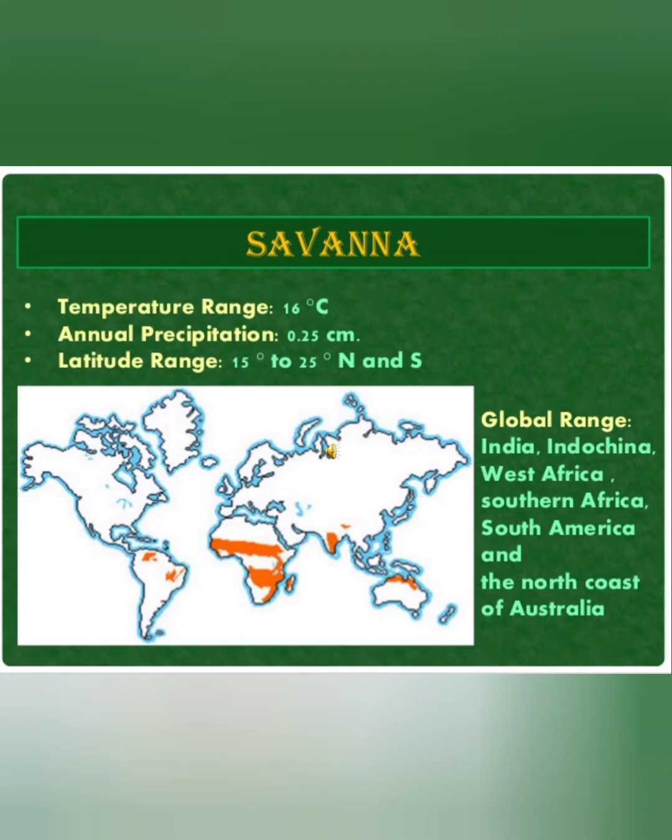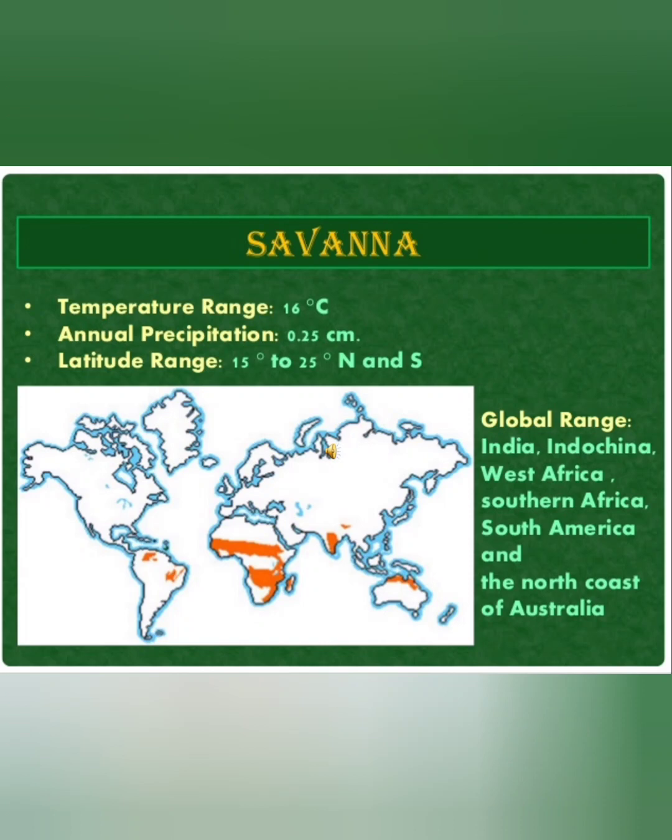Savanna. Point 1. Temperature range 60 Celsius. Point 2. Annual precipitation 0.25 centimeter. Point 3. Latitude range 50 Celsius to 25 Celsius, north and south.